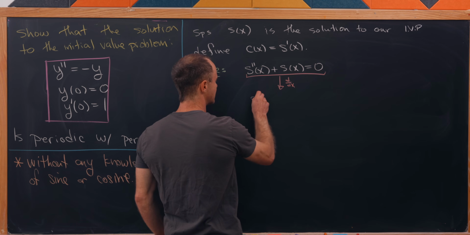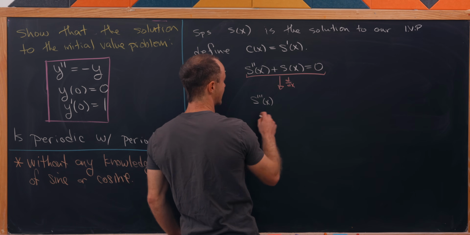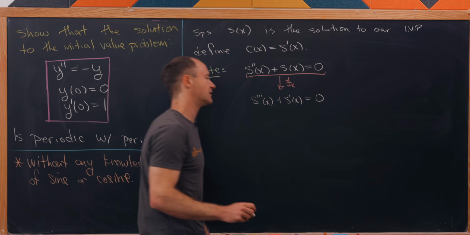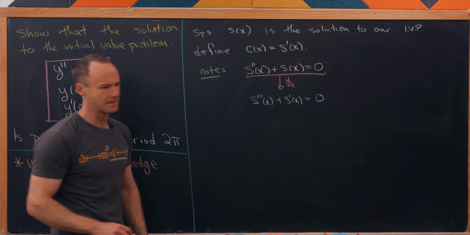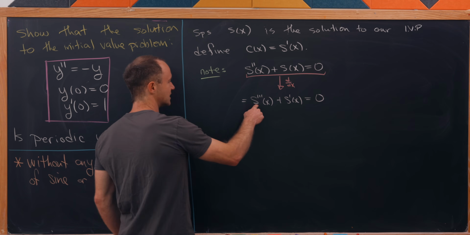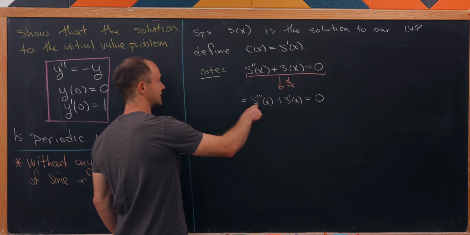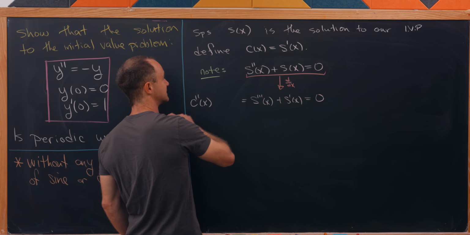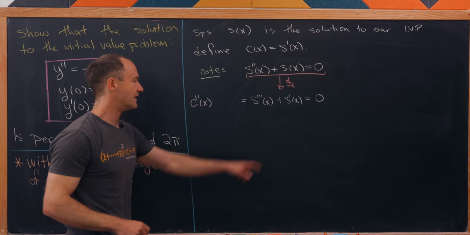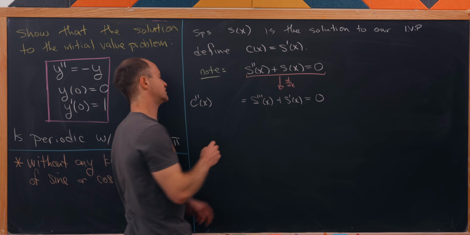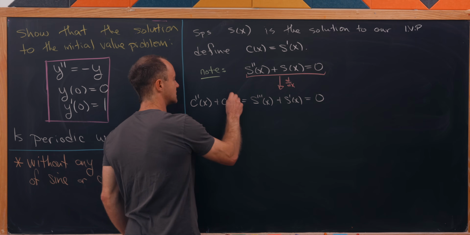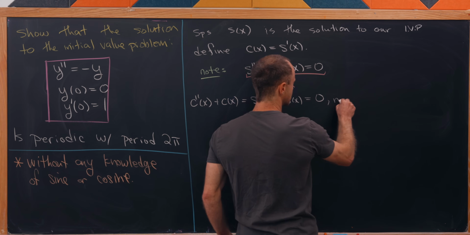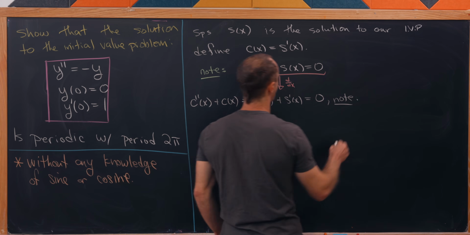And so that'll give me the triple derivative of s of x plus the derivative of s of x equals, well, the derivative of 0, which is 0. But let's notice that the third derivative of s of x is simply the second derivative of c of x. And then the first derivative of s is just equal to c.